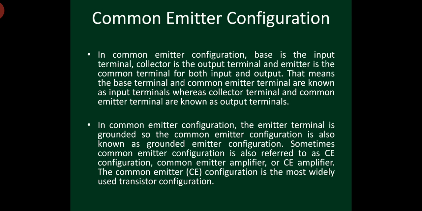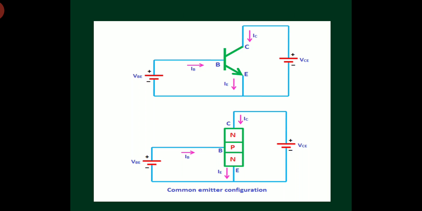In common emitter configuration, the emitter terminal is grounded, so it is also called grounded emitter configuration. And there is the circuit diagram and schematic. If you see the schematic, emitter is common and grounded, right?